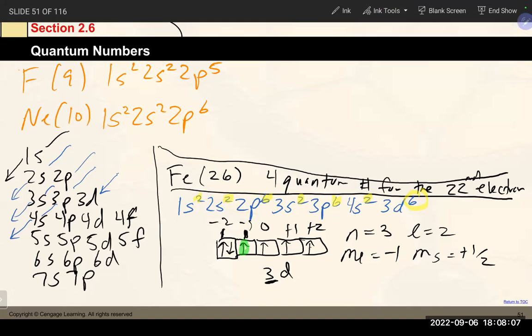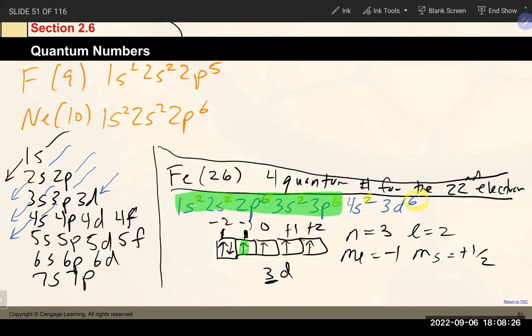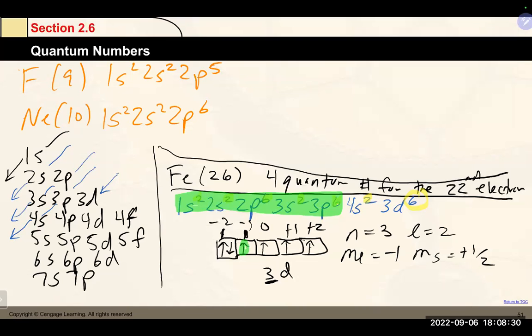If we take iron's electron configuration up to here, that is how many total electrons? That is 18 electrons, right? If we just count the top numbers there. And if we look at the periodic table, number 18 is our good friend Argon.